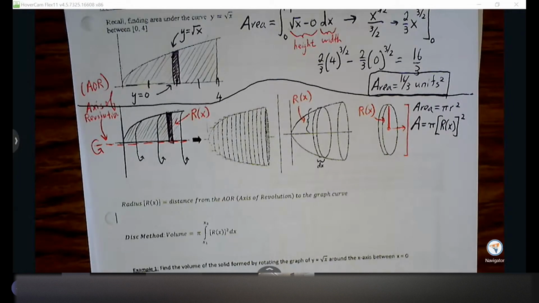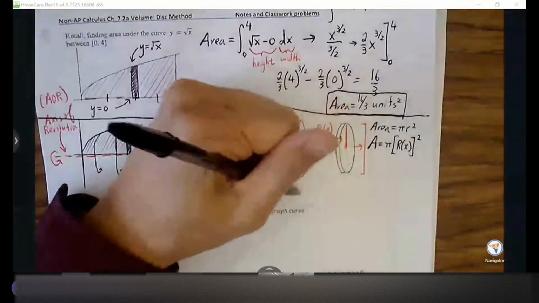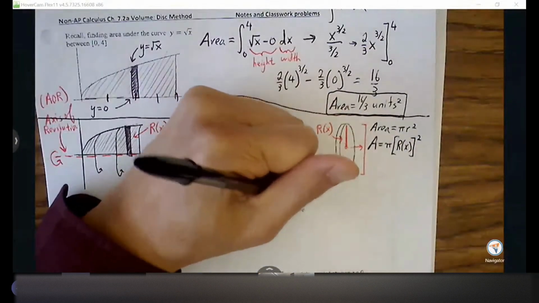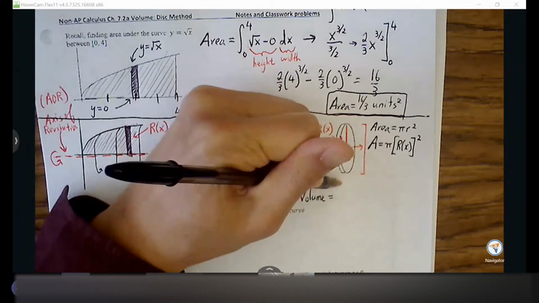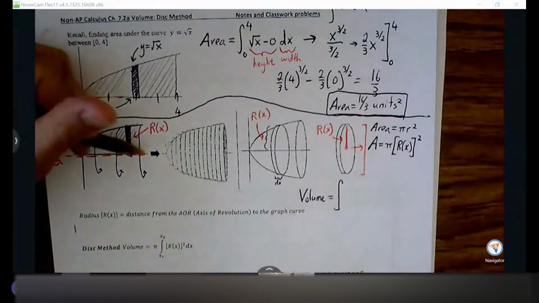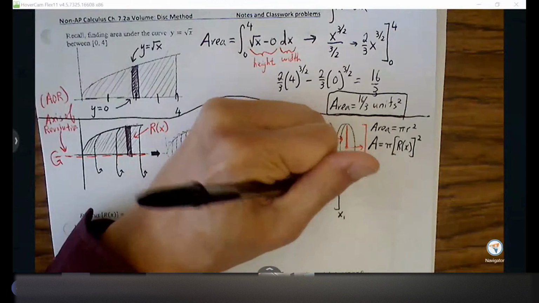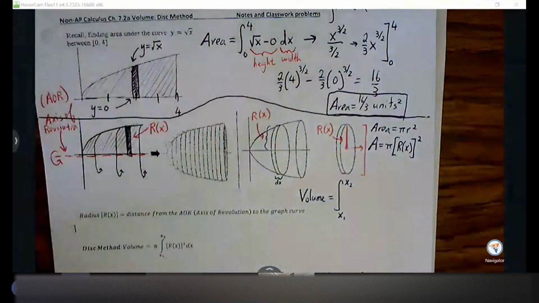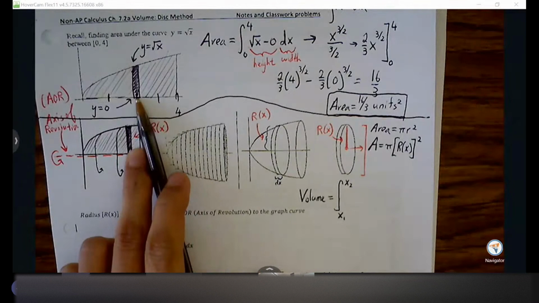And now we can start putting this into a volume formula. Okay, so here's the volume formula, V equals. We're still going to have the integral. We're still going to be extending from one boundary to the next, from x1 to x2. But we have a slightly different shape, right? We're no longer dealing with rectangles.